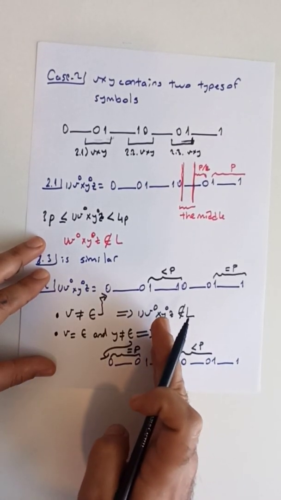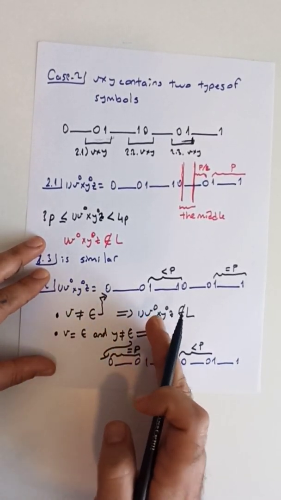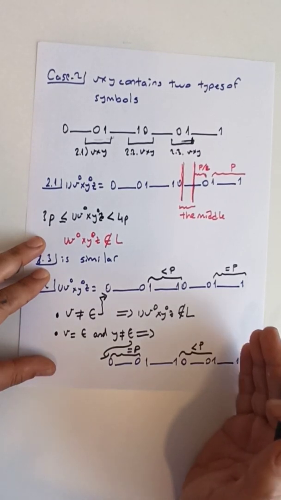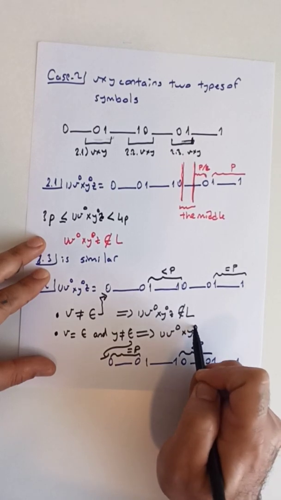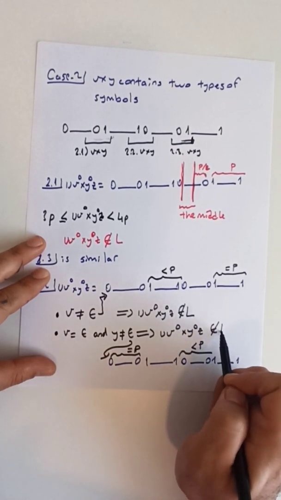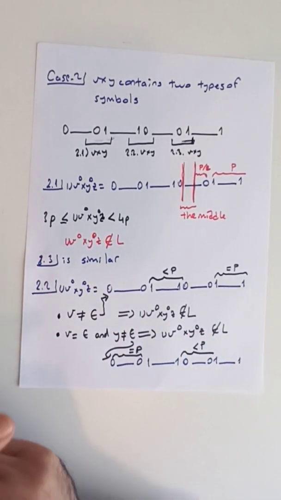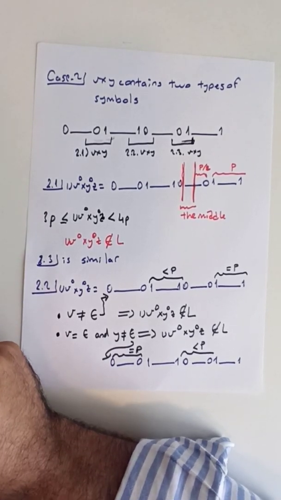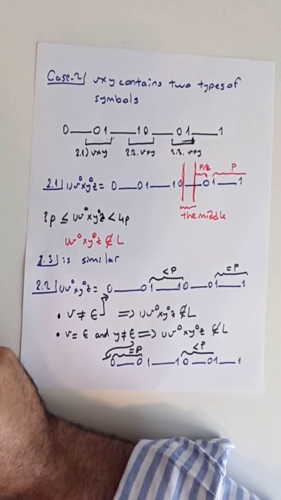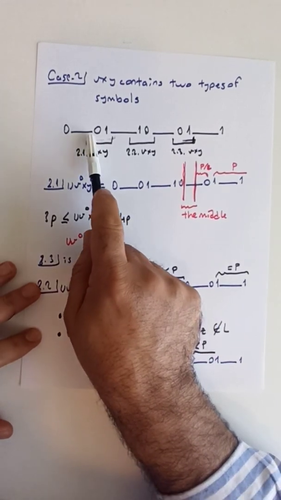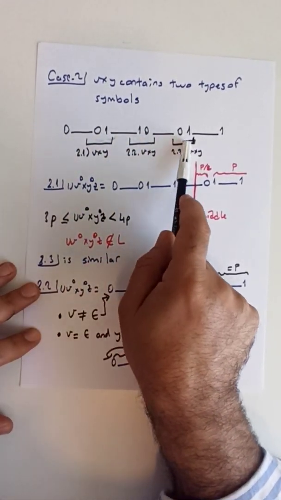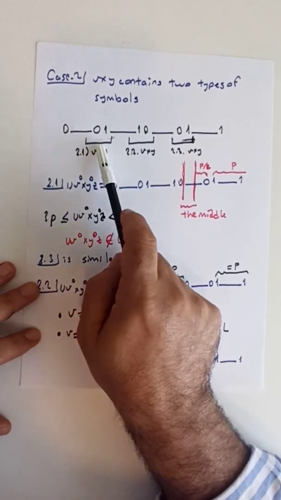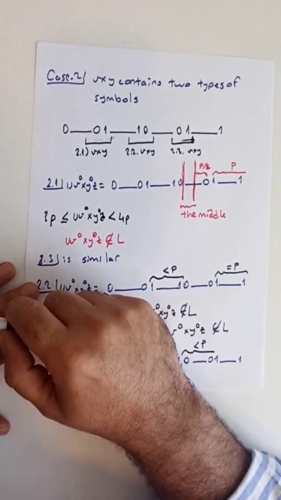Therefore, it cannot be the case that the left half of the string is the same as the right half, which implies that uv^0xy^0z is not in the language. And with this, we cover all possible cases, all possible scenarios based on vxy, because vxy cannot extend any further than any of these cases, since the length of vxy should be less than or equal to p.